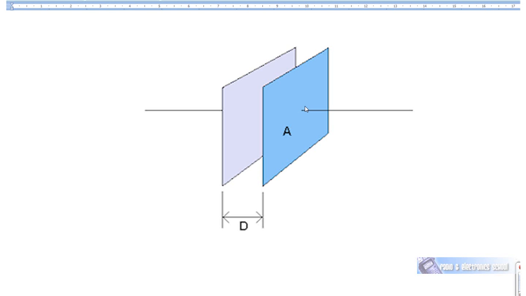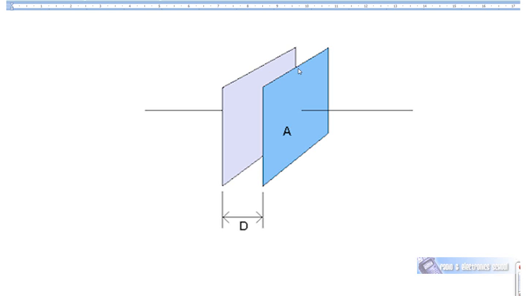So capacitance is directly proportional to the area of the plates. That means if we double the area of the plates, the capacitance doubles. And capacitance is inversely proportional to the distance between the plates. So if we halve the distance between the plates, we double the capacitance. Capacitance is also directly proportional to the permittivity of the type of dielectric we use. If we use air, dielectric of 1.